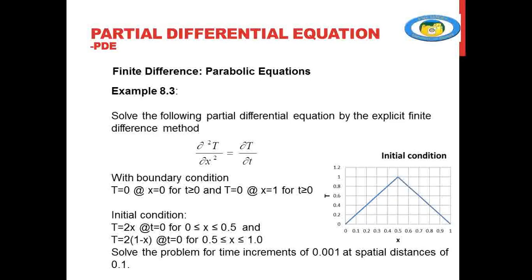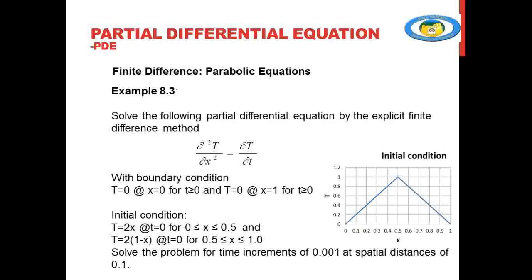And then from 0.5 up to 1, it is going to decrease with a negative slope of the same magnitude, negative 2. So I have just plotted that initial condition. On the slide you can see that's the initial condition.